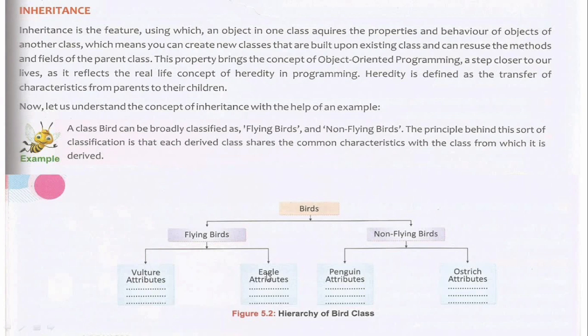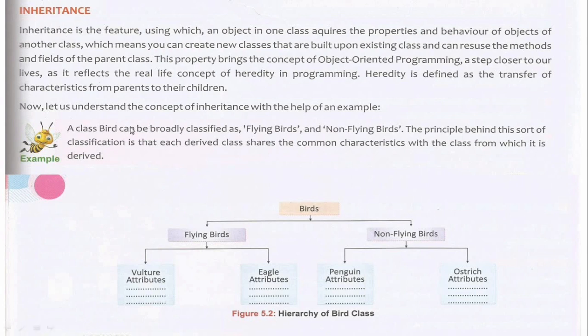These different objects, their attributes, that all these four are birds, has been derived from the parent class, and they share certain common attributes that they are birds. So this class over here is called the parent class. So this is how the concept of heredity is reflected through inheritance.